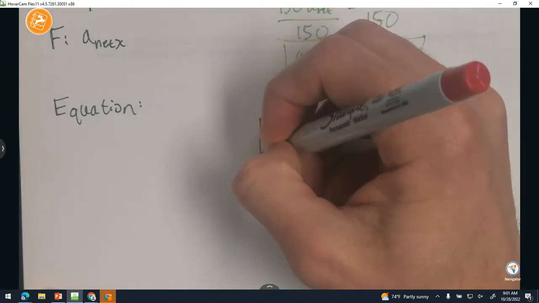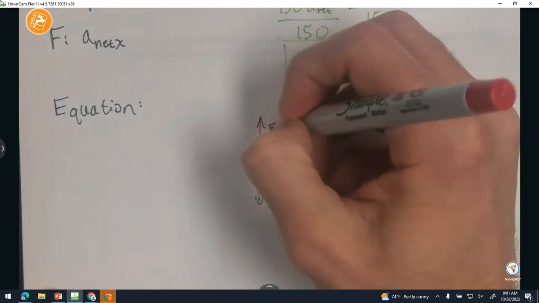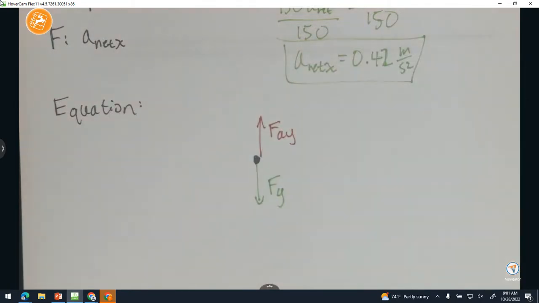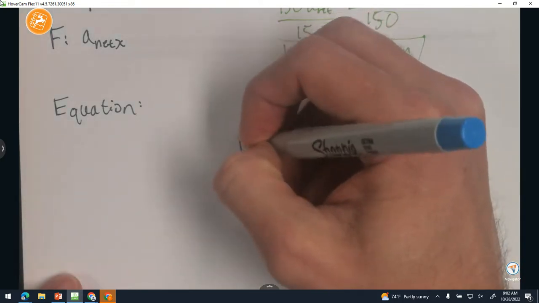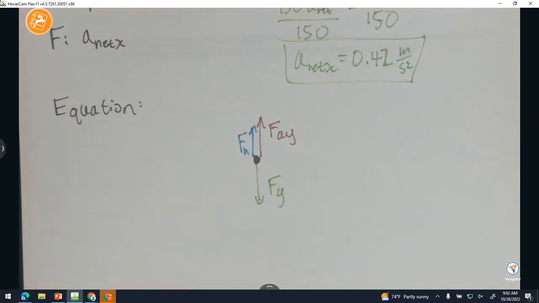We have FAY, because he's pulling at an angle upward, so it has an upward force. And we also have force normal going up, and we don't know how much that is.